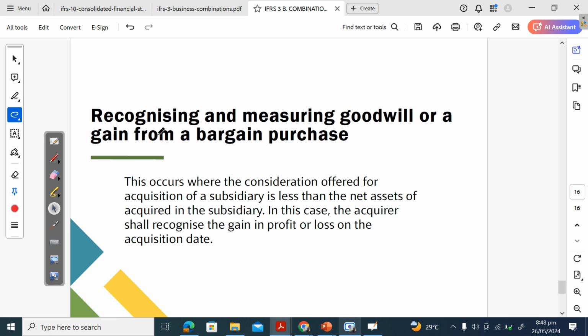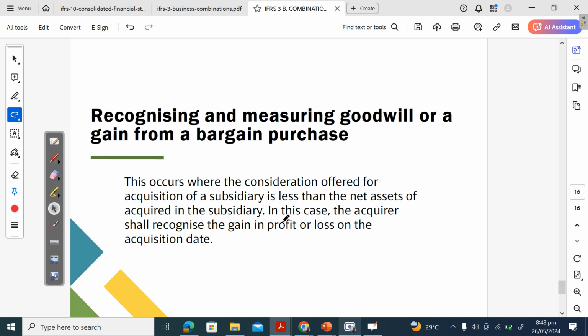So, recognizing and measuring goodwill or a gain from a bargain purchase. This occurs where the consideration offered for the acquisition of a subsidiary is less than the net asset of the assets acquired in the subsidiary.